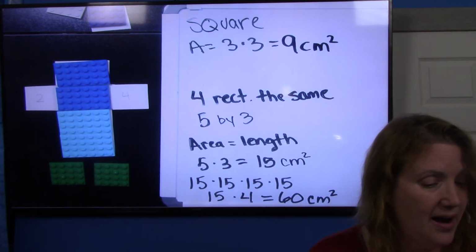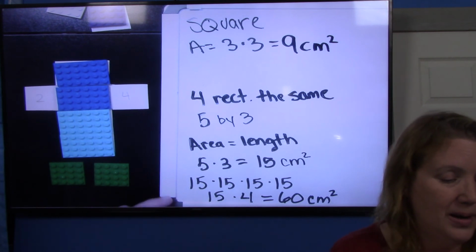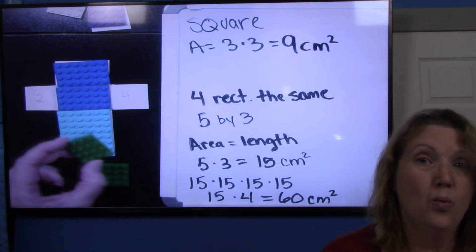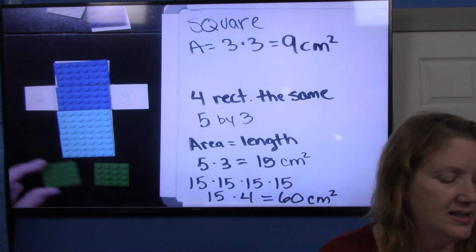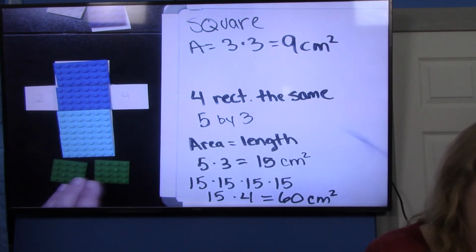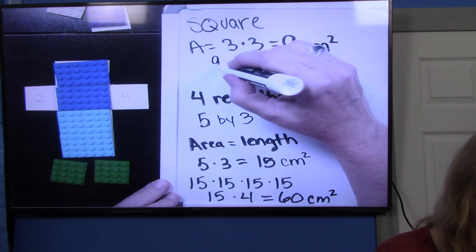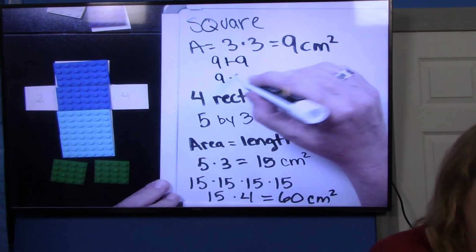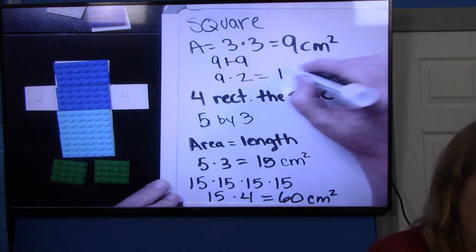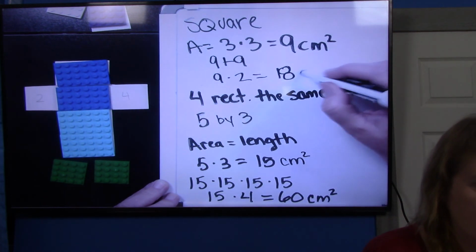Okay, so now I know how many square centimeters one of these is, but I have 2. So since I have 2, I either add them together, 9 plus 9, or just take 9 times 2, and I will get 18 square centimeters.